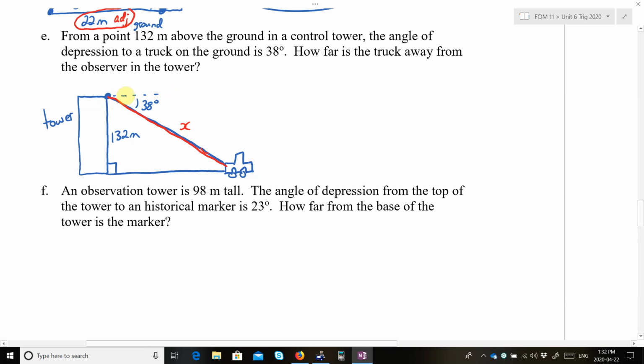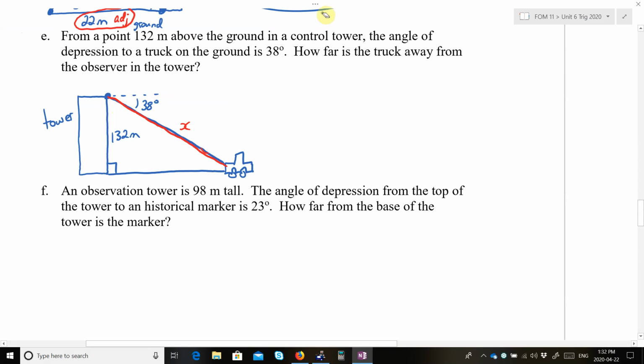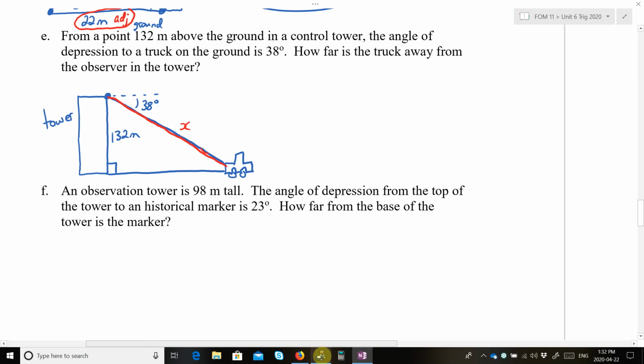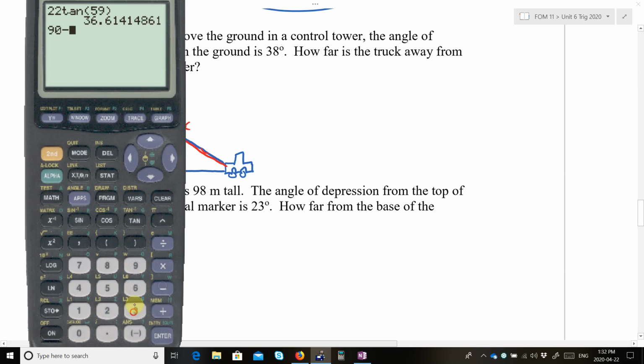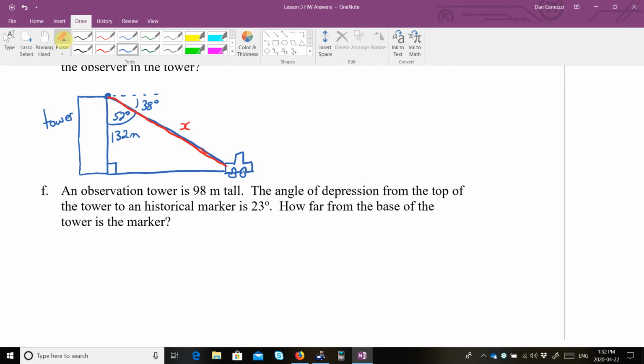So from the dotted line all the way to the tower, that's going to be 90. So to get the angle inside the triangle, we have to go 90 minus 38. So 90 minus 38 is 52. So this angle right in here is 52 degrees. And now we have an angle inside the triangle.